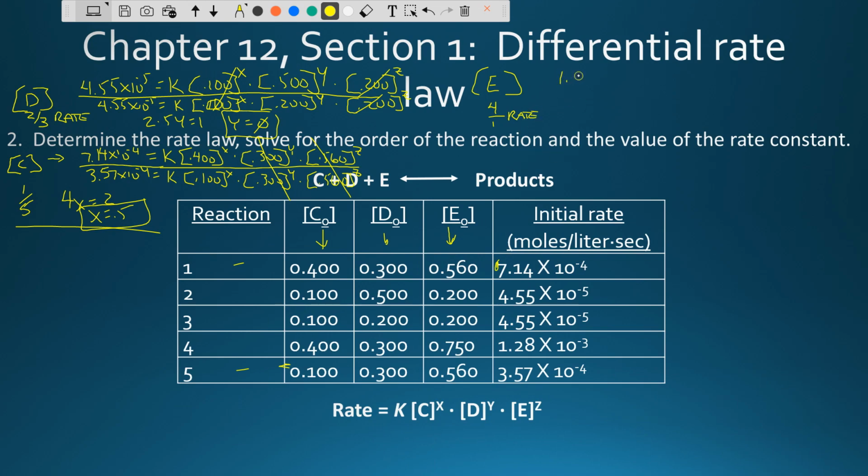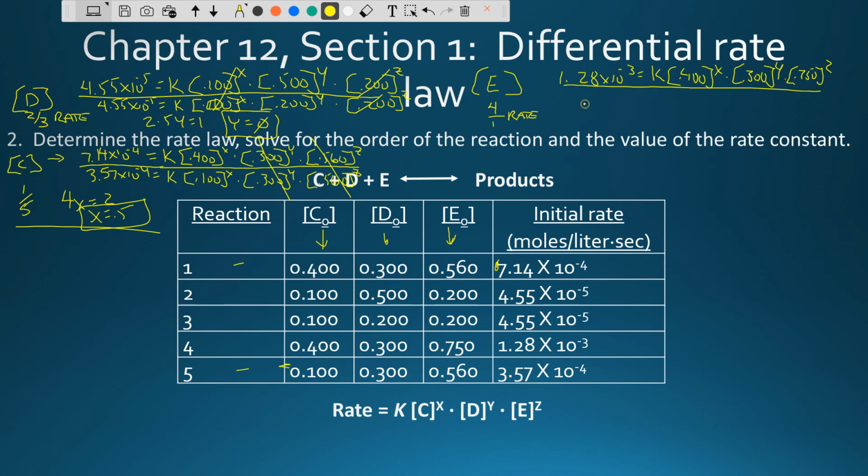So I'm going to get 1.28 times 10 to the negative third. That equals k times 0.400 to the x times 0.300 to the y times, let's see, what is that? That's a 0.750 to the z.